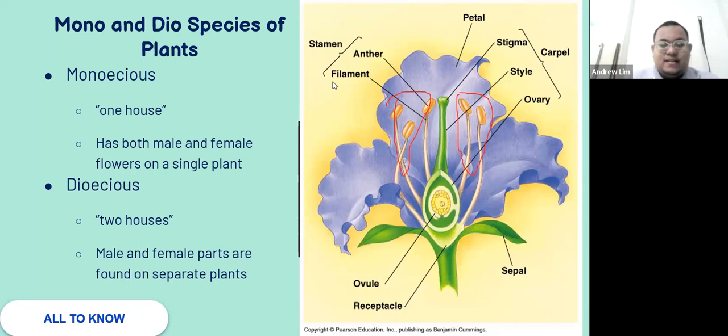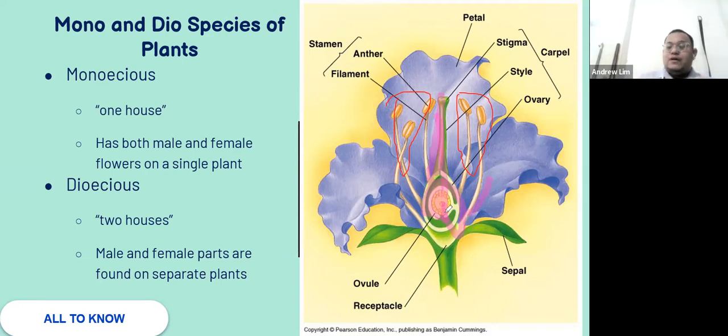When the flower only has this center portion only, this center portion is a female flower, a girl flower. So that's why I mentioned some flowers have both male and female, like this picture here. There's a male component in red and a female component in purple. So this flower will automatically turn into a fruit.